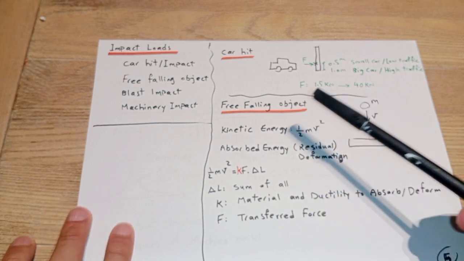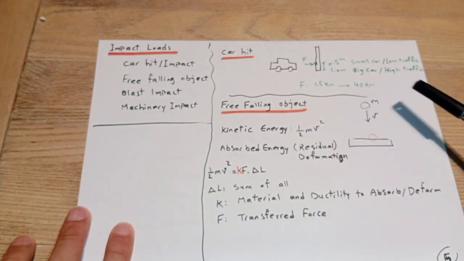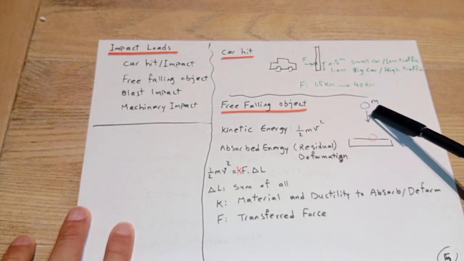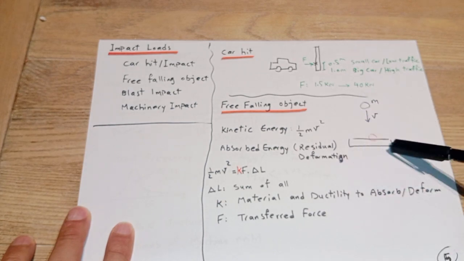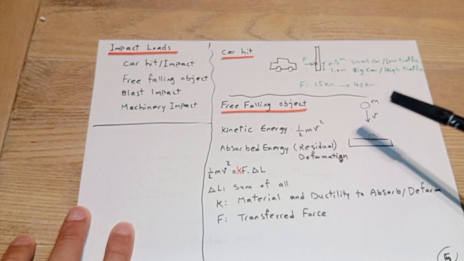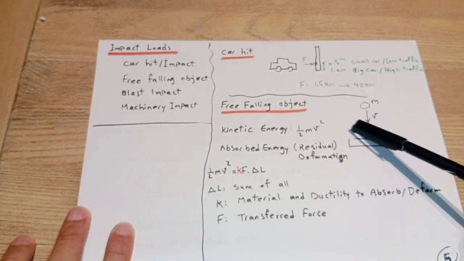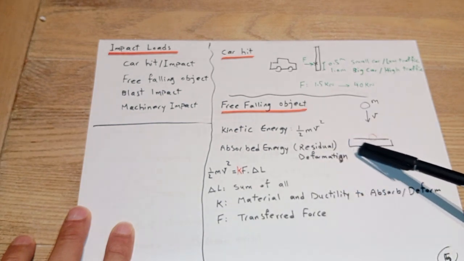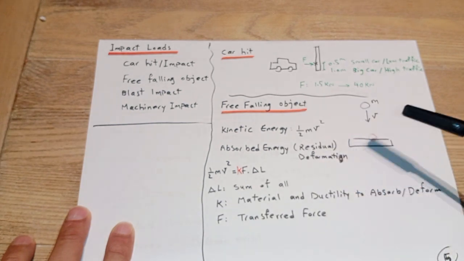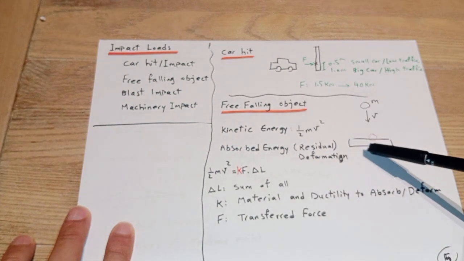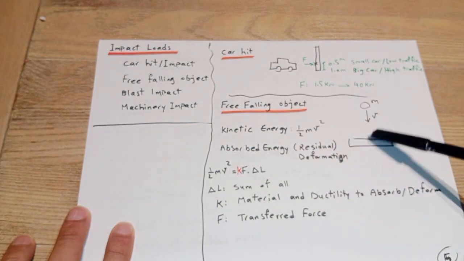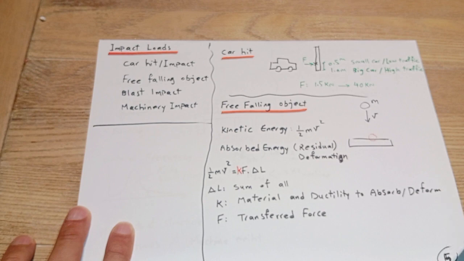The other one is the free falling object, that is mass falling freely on a structure. It is a type of kinetic energy balance when the object is falling and when it crashes to the structure, and some part of the energy is absorbed in the structure and some part is going to deform the object and structure.